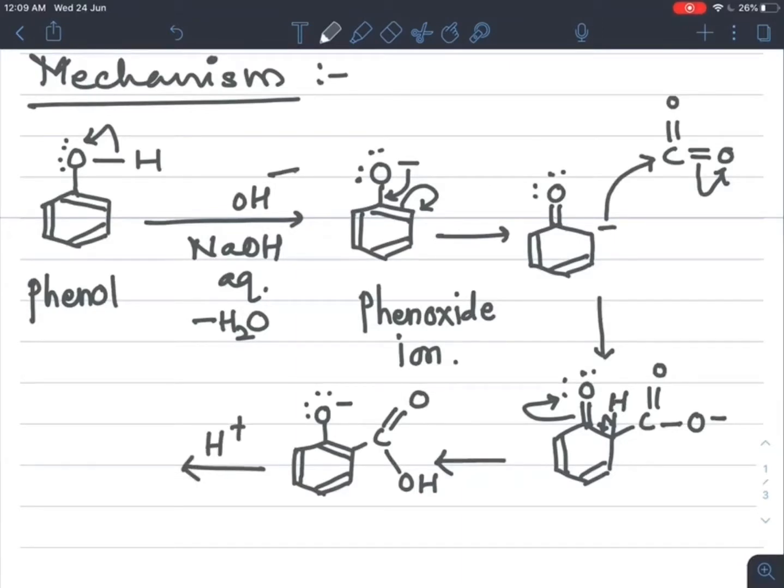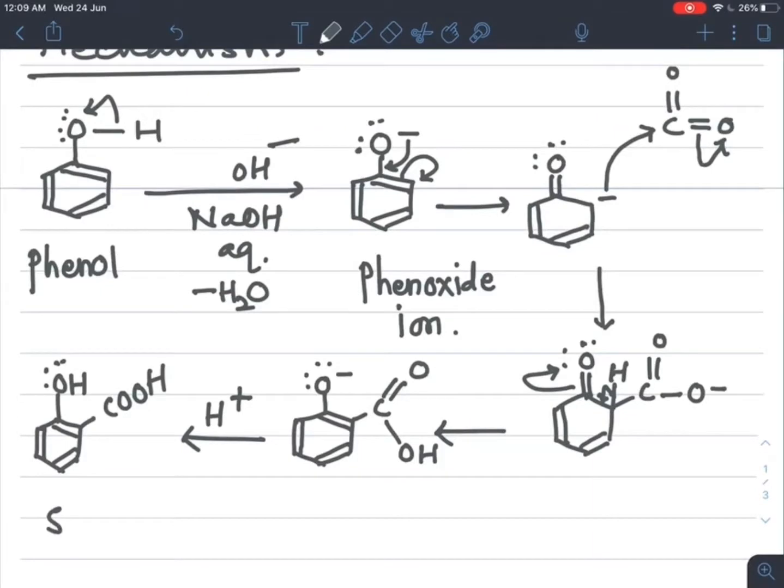In the presence of this H plus, by taking this pair of electrons, it bonds to this oxygen, and we get the final product. So OH bonded with this benzene ring, with the alternate double and single bonds as they are, and here C double bond OH, that is, salicylic acid is formed.